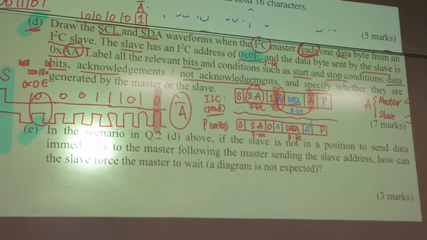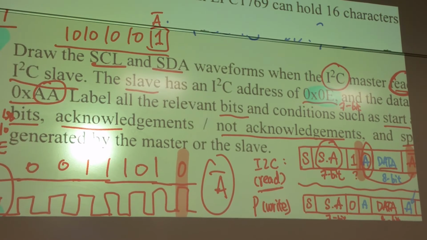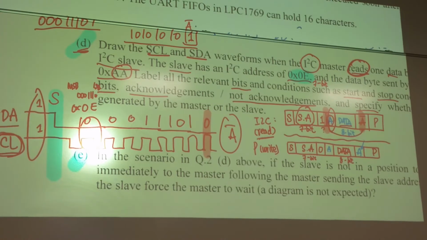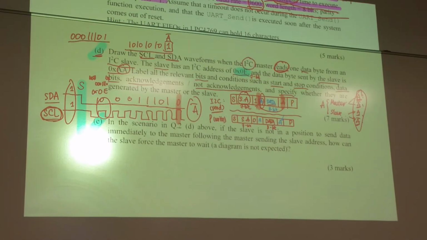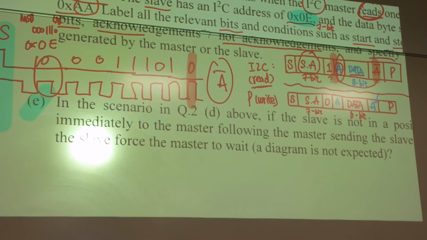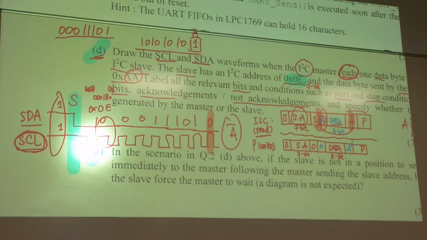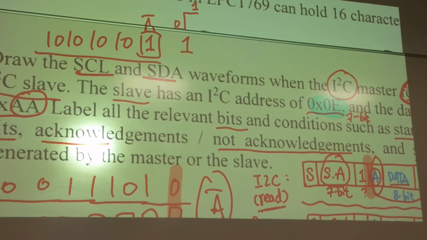So basically after that you have a negative acknowledge here, 1 when there's a clock. Then what is P? After that you have a P, stop. What is stop? Stop is a release, a transition from 0 to 1.